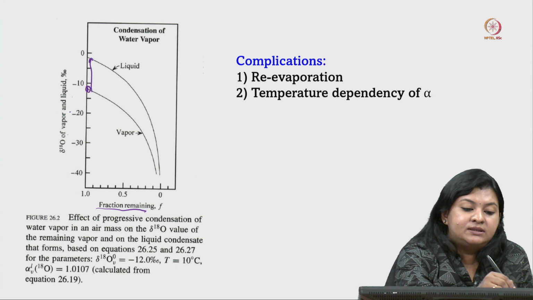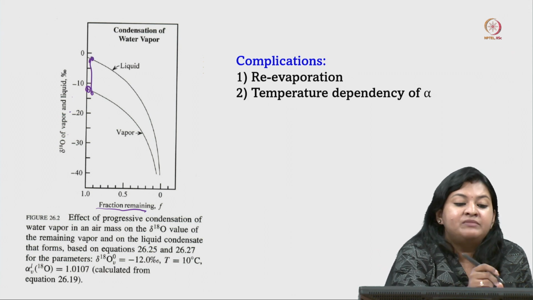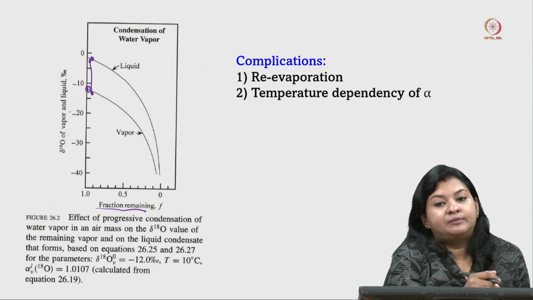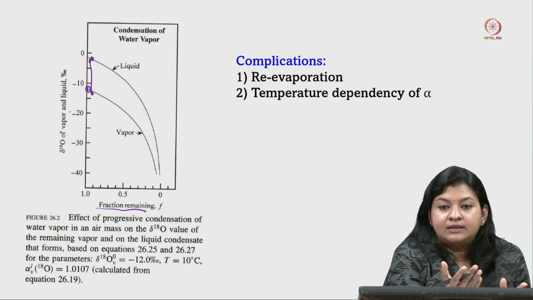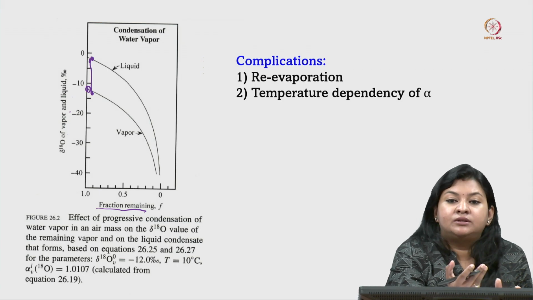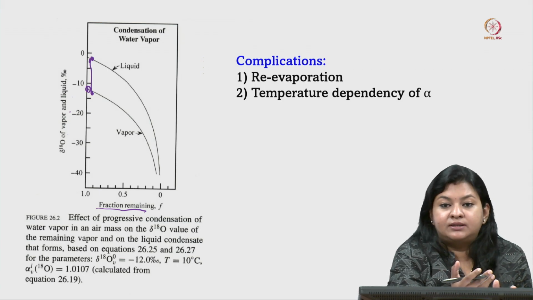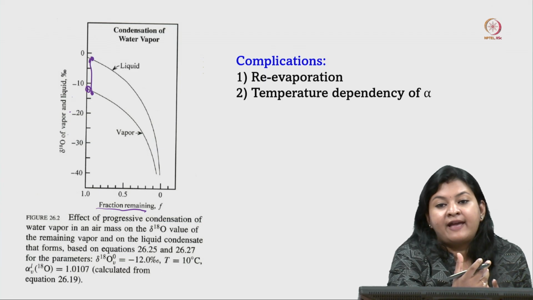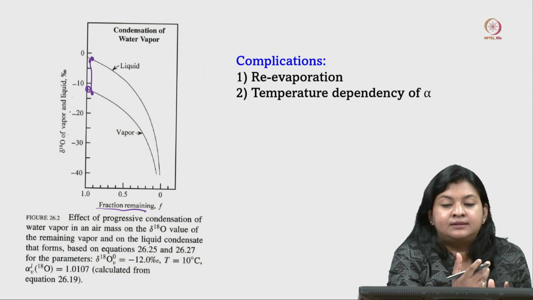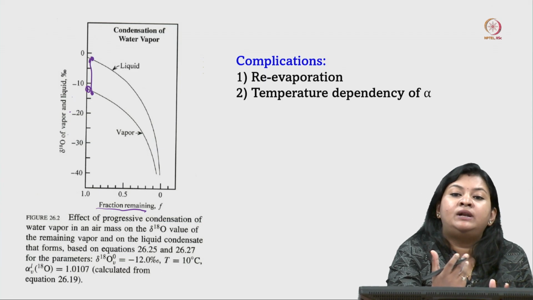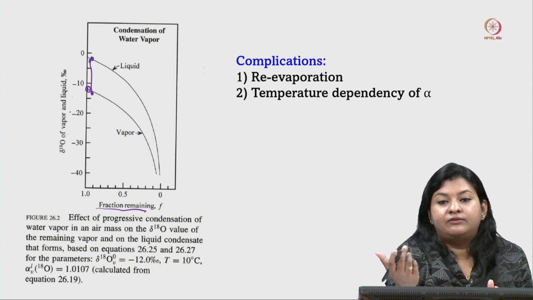Okay. So, this is the liquid composition, this is the vapor composition. The liquid is always heavier than the vapor phase, as we have already discussed that the 18 oxygen always prefers the more stable, the more heavier phase, that is the liquid phase, over the more lighter gaseous phase.